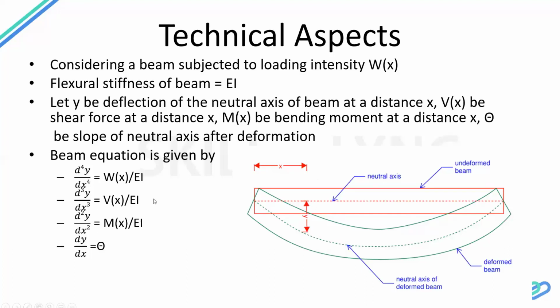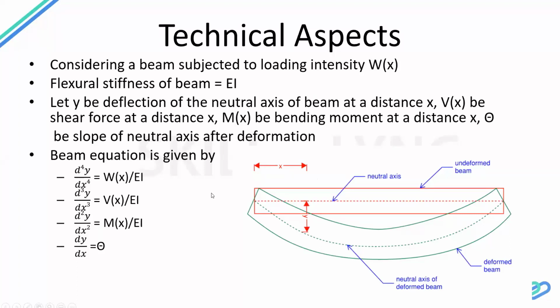If you integrate it further, you reach the second derivative of y, d2y/dx2, also known as the curvature of the beam, which equals the bending moment over EI. Lastly, dy/dx is the slope of the beam at any given section, which is theta. These are the differential equations which govern the behavior or response of a beam.